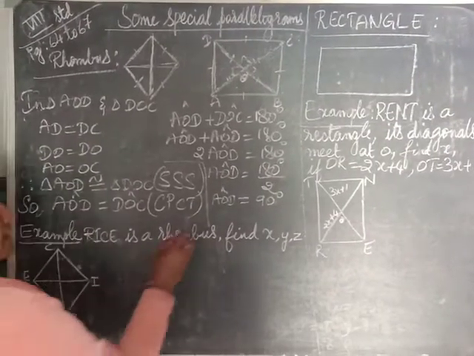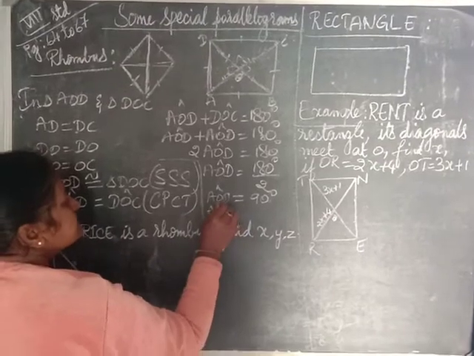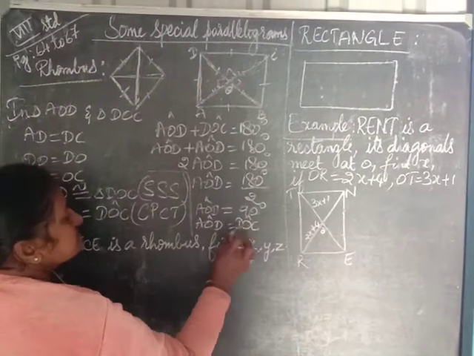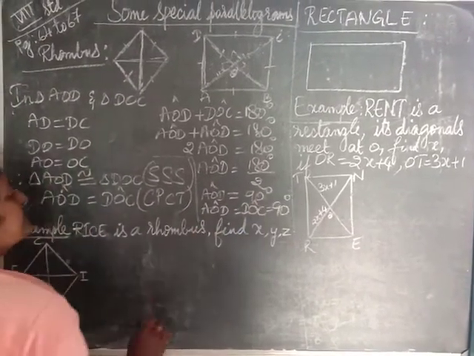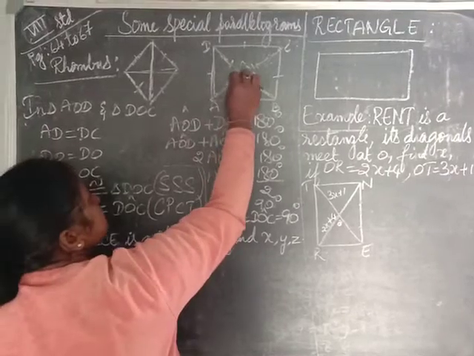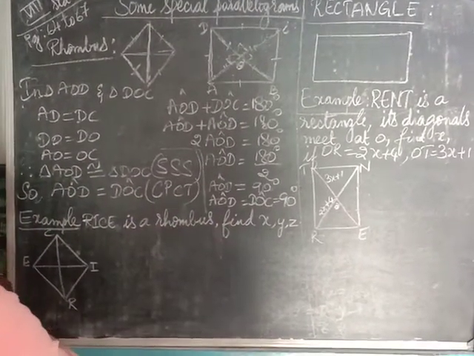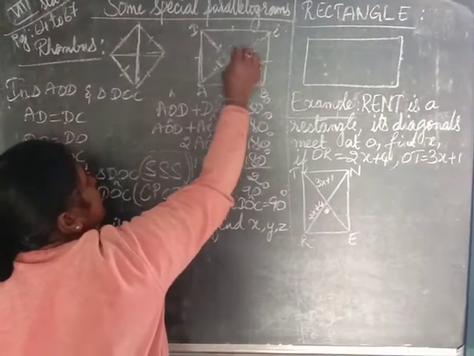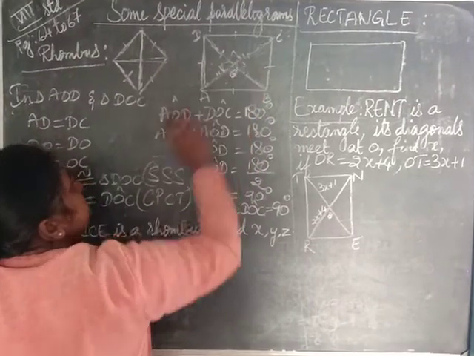Now angle AOD is equal to 90 degrees. Since AOD is equal to DOC, both measure 90 degrees. Similarly, if we compare these other two, each angle measures 90 degrees.